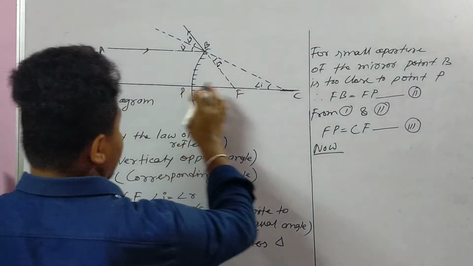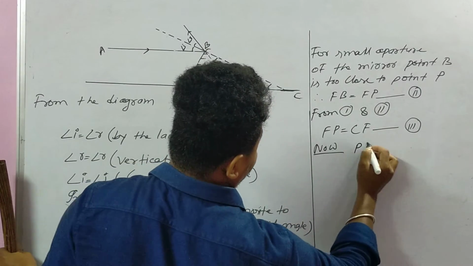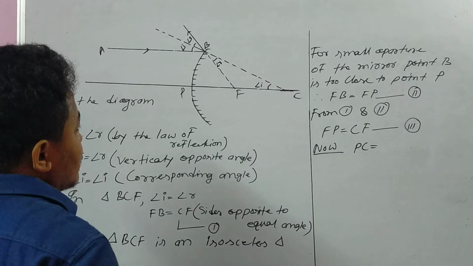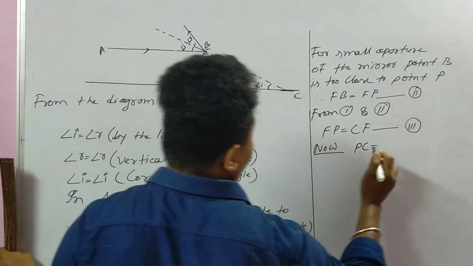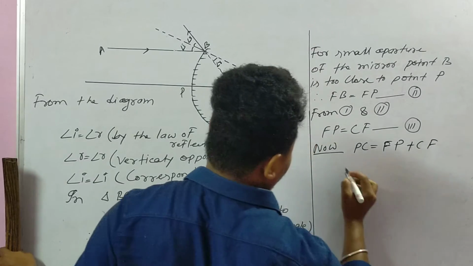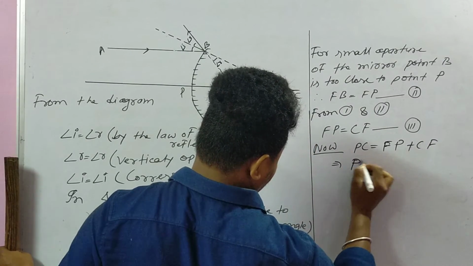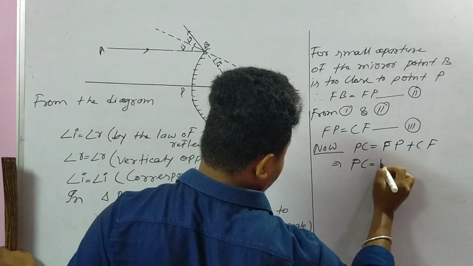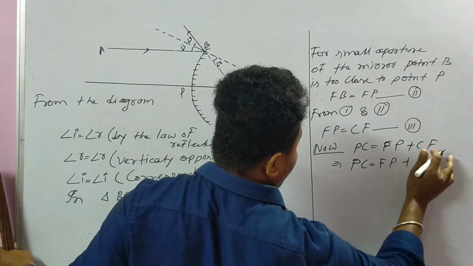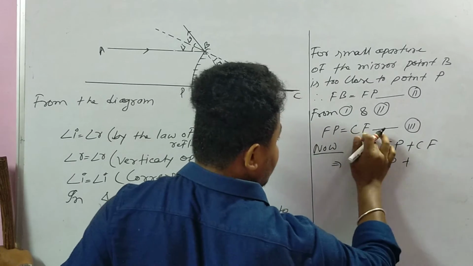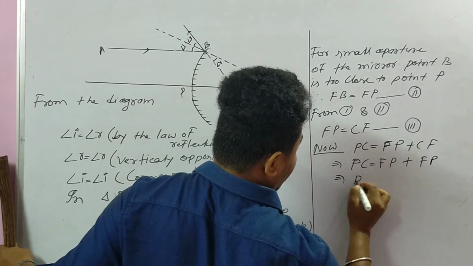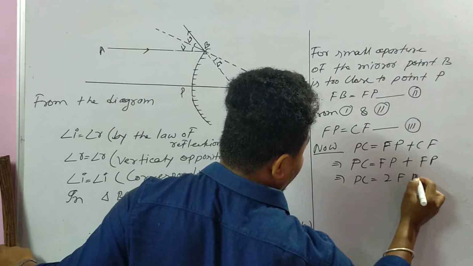So PC is equal to FP plus CF. In place of CF you can write FP, because CF is equal to FP. So PC is equal to twice FP.